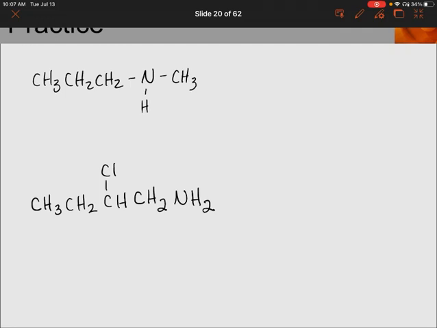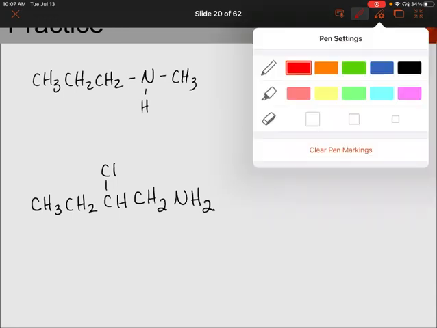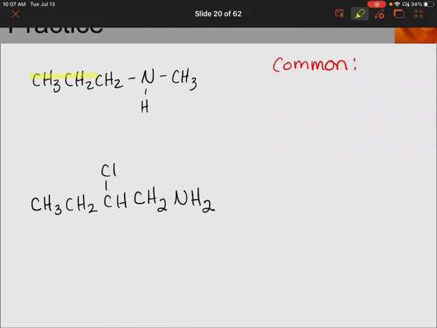All right, so let's start with the first one. So let's start with the common name first. So remember, with the common method, we're going to list all of the alkyl groups on either side. So in this case, we have a 3-carbon group on one side and then a 1-carbon group on the other.